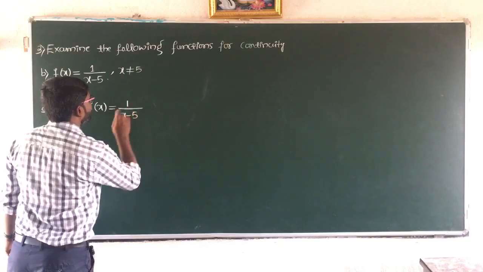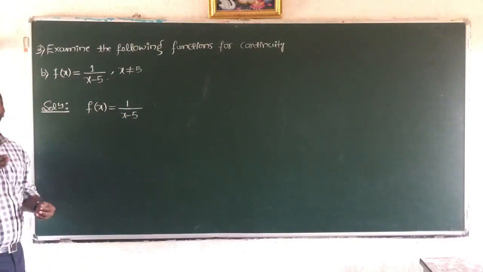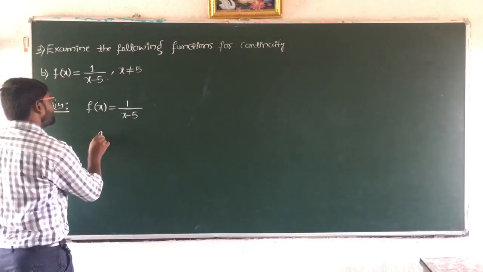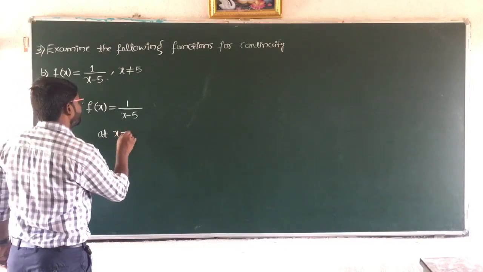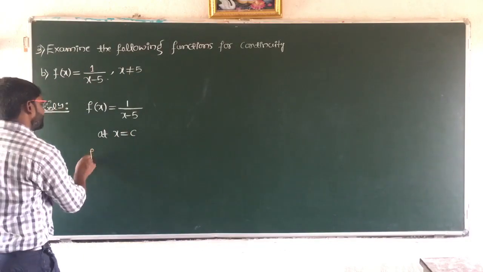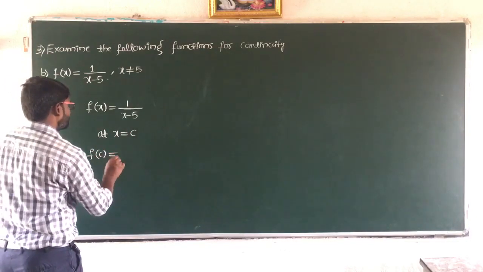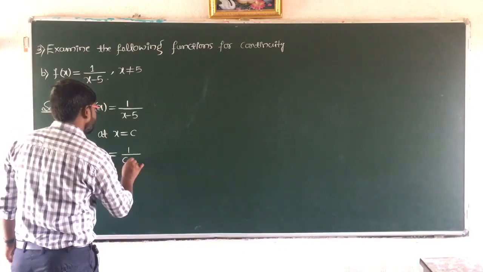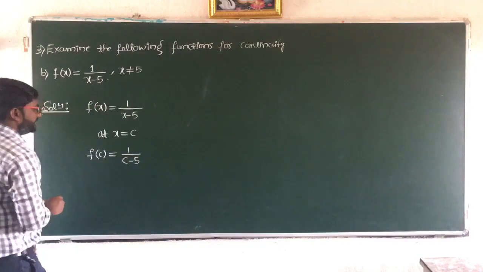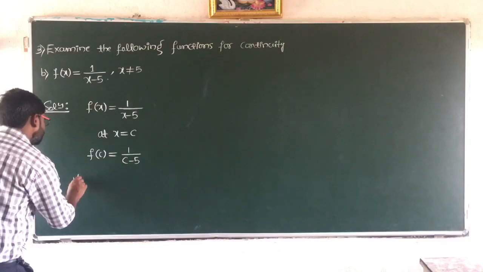If he has not given any particular point, we take x equal to c. At x equal to c, where c is any real number, f of c is equal to 1 divided by c minus 5. Now I will go for the limit of the function.